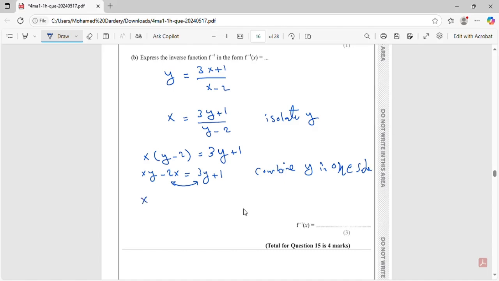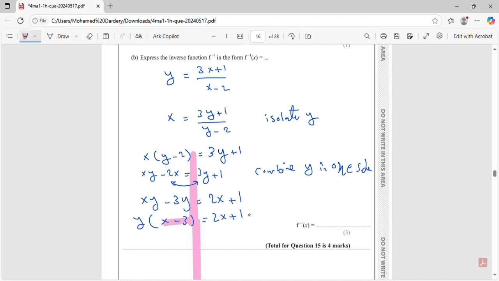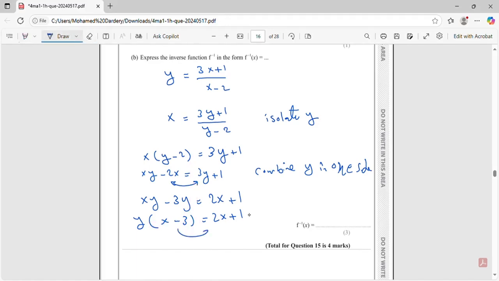So it will be xy minus 3y equals 2x plus 1. By taking y as a common factor, it will be y times x minus 3, which is equal to 2x plus 1. After this, I will send this part to the other side. So sending this part to the other side gives y equals 2x plus 1 over x minus 3. So this is the final answer.